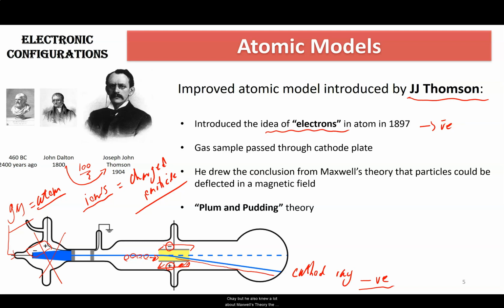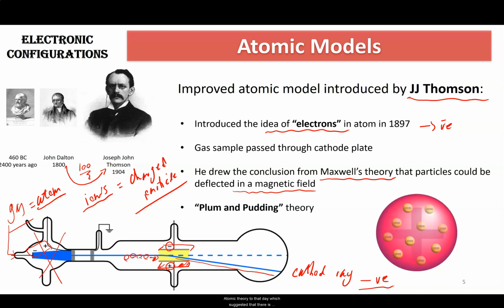Okay, but he also knew a lot about Maxwell's theory at the time that suggested that particles could actually be deflected once they are subjected to a magnetic field. So as a result of that, he came up with the best atomic theory to that day, which suggested that there is a core of positive charge sitting at the core of the atom.